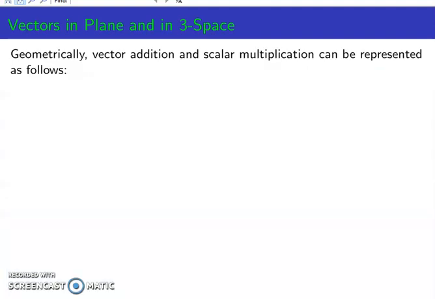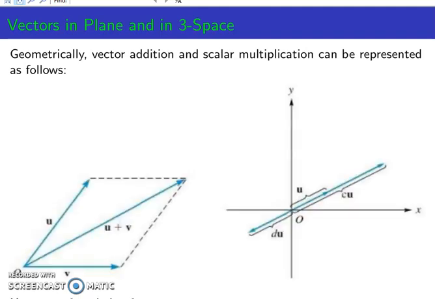Geometrically, vector addition and scalar multiplication can be represented as follows. If you have vector u and vector v, the sum of the two vectors is this vector.